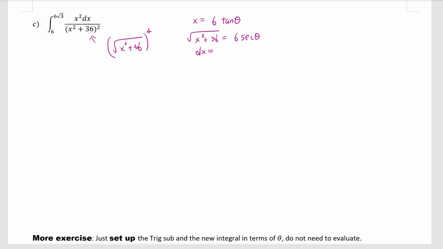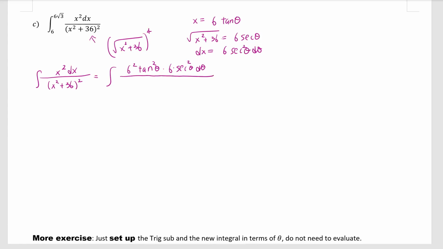And dx is 6 secant theta squared d theta. And then the indefinite integral equals x squared, 6 squared tangent theta squared, dx, 6 secant theta squared.